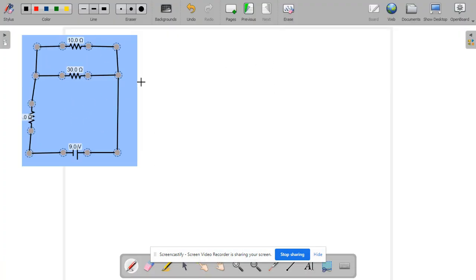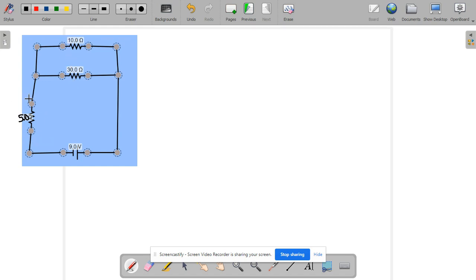We got part of this cut off, so this is a 5.0 ohm. We would say that this 5 ohm resistor is in series with this parallel combination of the 10 and the 30.